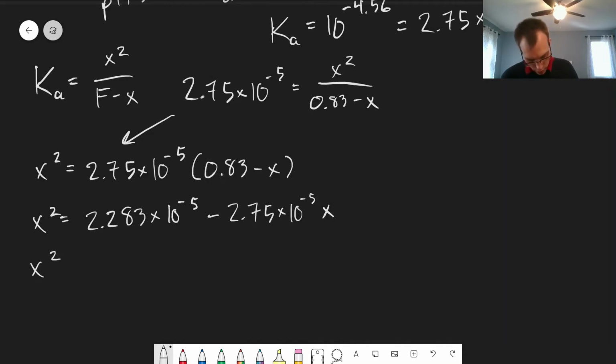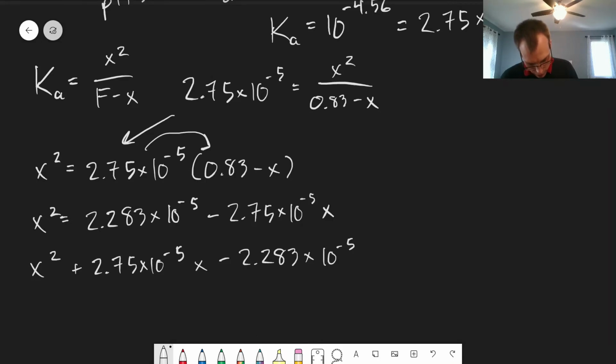So we'll have x squared plus 2.75 times 10 to the minus 5 times x minus 2.283 times 10 to the minus 5. And this number, of course, is just coming from these two values multiplied together when I multiply this out. All right, and that is equal to 0, and that's the form we need for the quadratic formula.